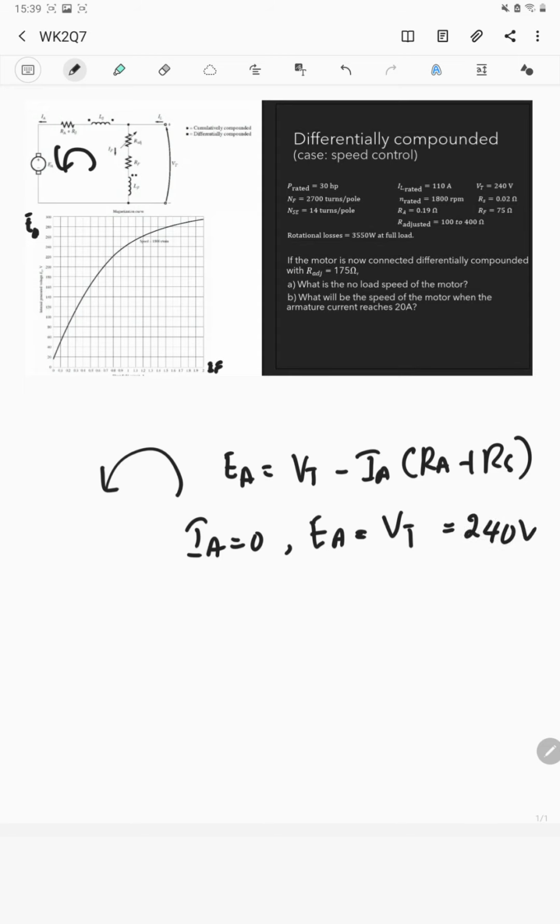So if the motor is running at 1800 RPM with IF equal to 0.96, we'll get EA equal to 246 volts. But obviously the EA that we are having now is 240 volts.